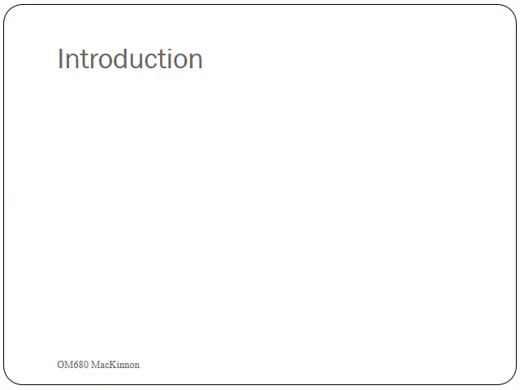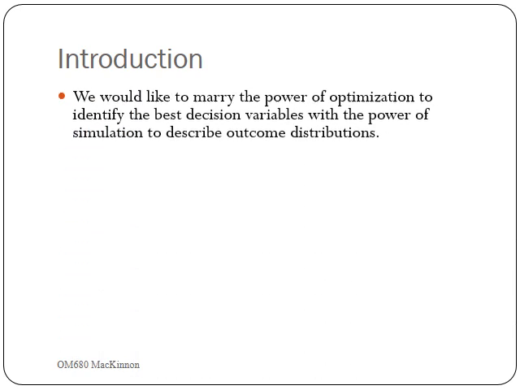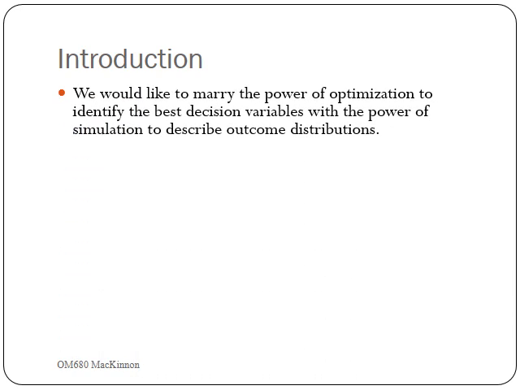All right, by way of introduction here, for most of the semester we've been talking about optimization using deterministic models. Okay, we know what the parameters will be. And then we kind of switched gears when we went into Monte Carlo simulation, where we have the ability to simulate uncertainty in some of the parameters.